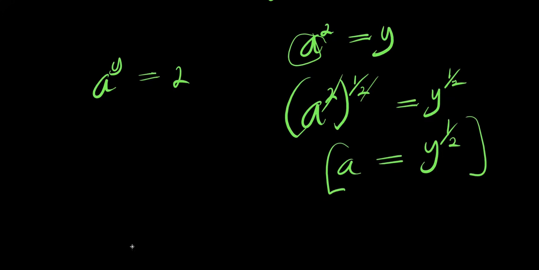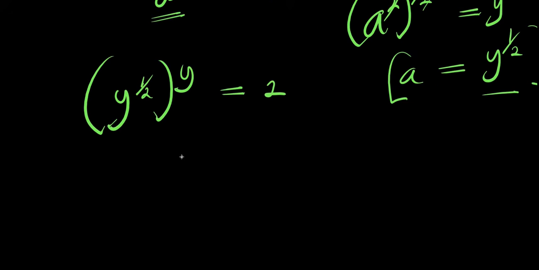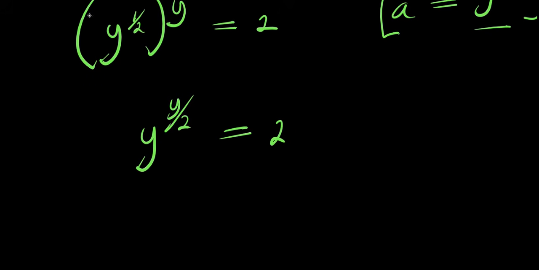Then come over here. We have a here. We replace it with y^(1/a). y^(1/a) raised to the power of y equals 2, right? So I multiply this out. I have y^(y/a) equals 2. So what I'm going to do will be to raise each part of this equation to the power of a.